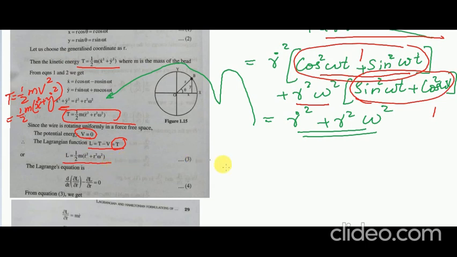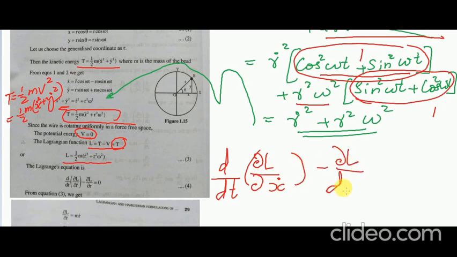Now we know that the Lagrange equation says d by dt of dou L by dou x dot minus dou L by dou x equal to 0. This is the Lagrange equation. Substitute the expression for L in this.